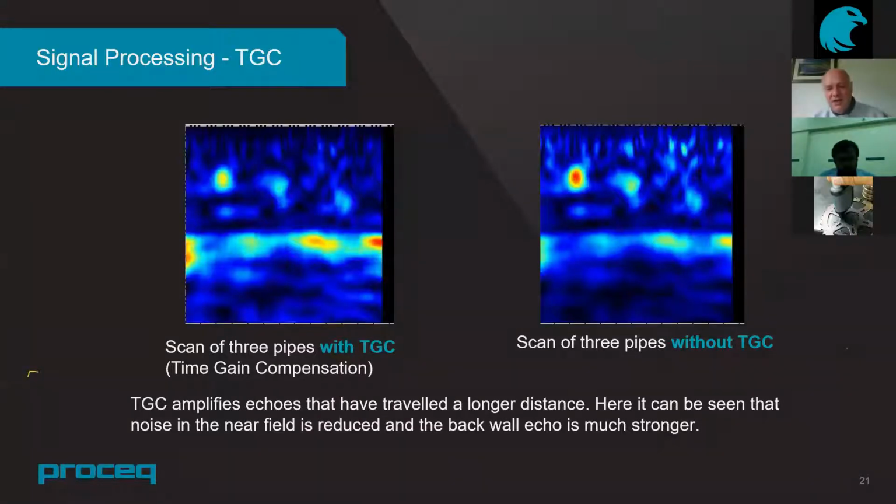And you can imagine the signal at 2 meters depth can be quite weak. If I try to amplify that and everything else before it, you get a lot of saturation from near surface objects. The TGC allows us to amplify objects which are deeper, while not amplifying objects which are closer to the surface, to get a balanced image.